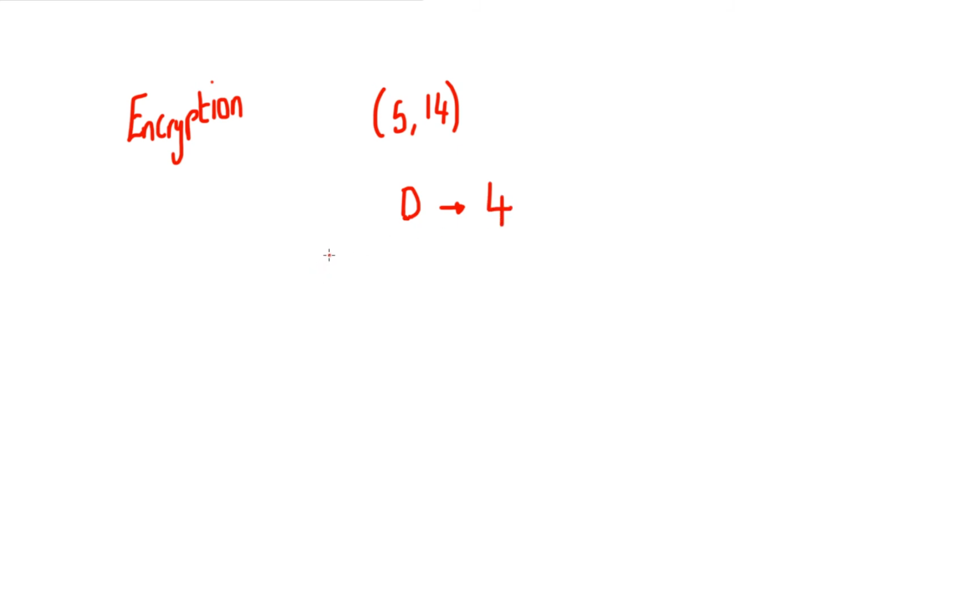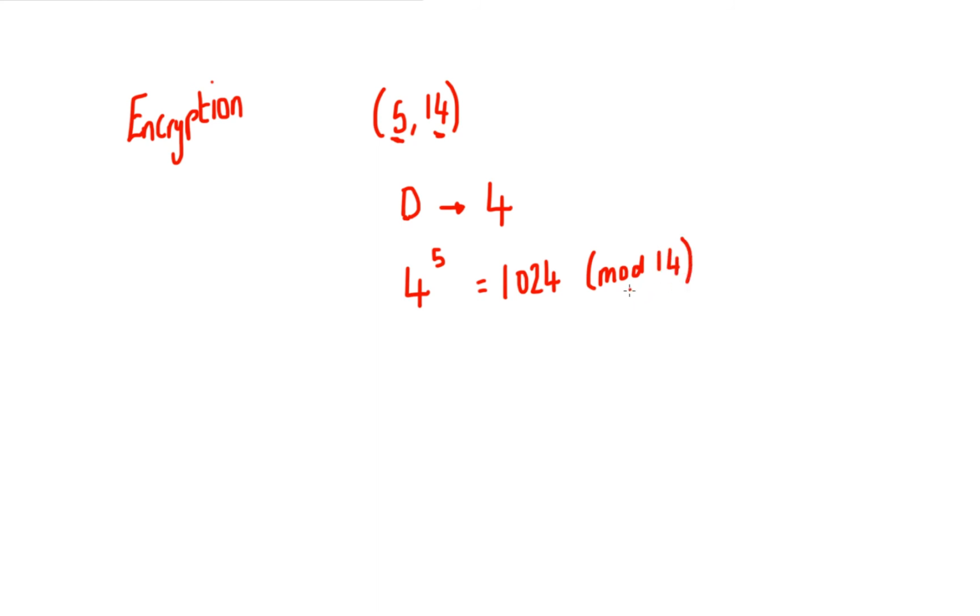And then what I would do is I would raise 4 to the power of my first key. So 4 to the power of 5 is 1024. And then what I've got to do is use the second key, 14, to mod this number. So using the modulus operator, remember modulus divides the number by 14 in this case and gives you just the remainder.